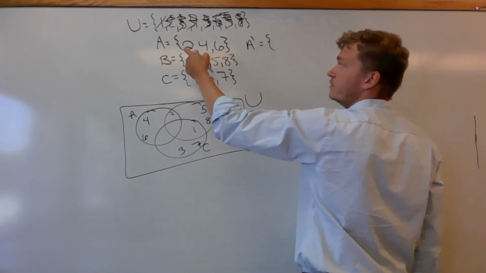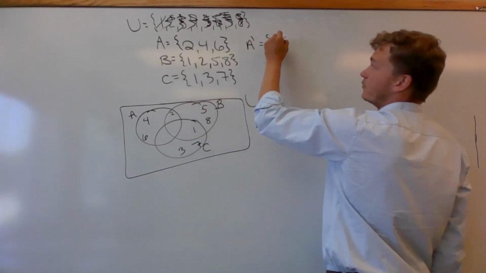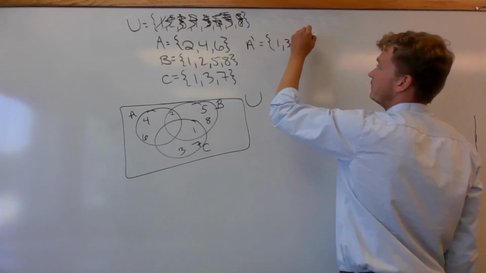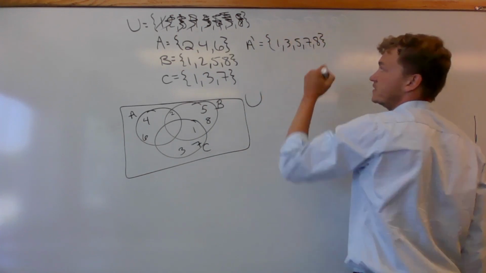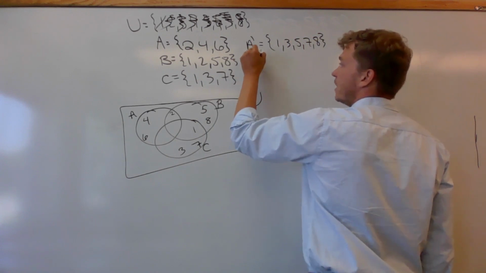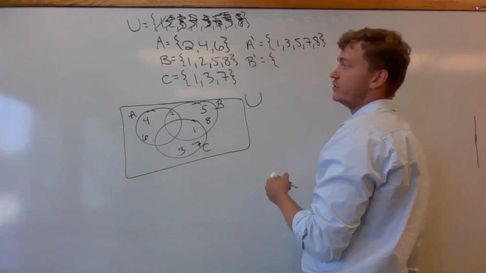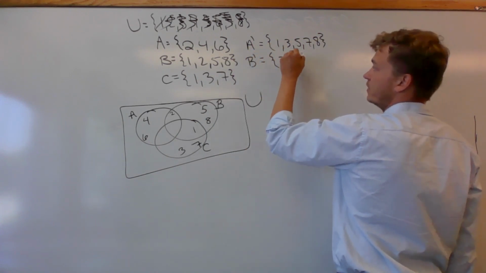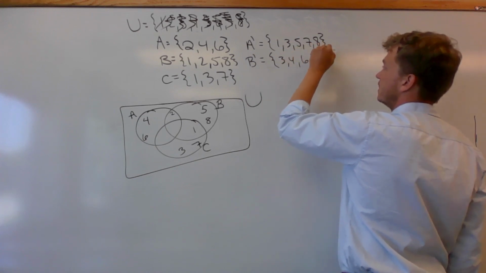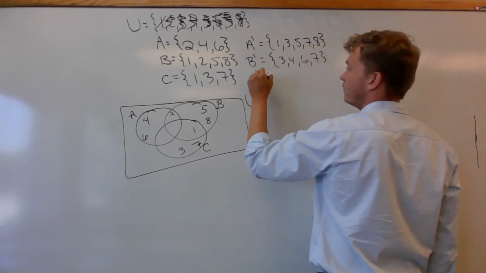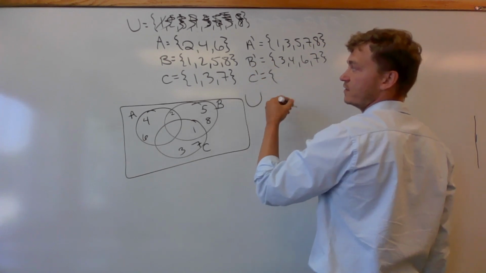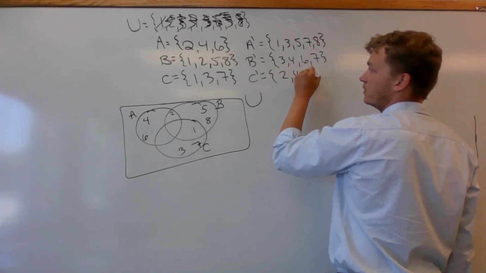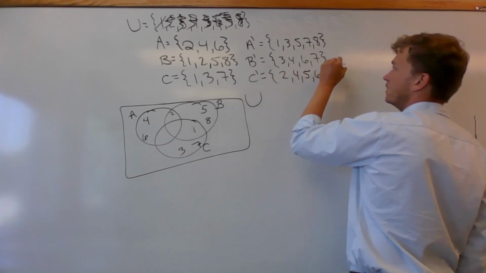A complement, well, just don't write 2, 4, 6. Write 1, 3, 5, 7, 8. There is A complement. For B complement, we're just not going to write 1, 2, 5, 8. That is 3, 4, 6, and 7. Well, then C complement, therefore, just don't write 1, 3, 7. That is 2, 4, 5, 6, 8.